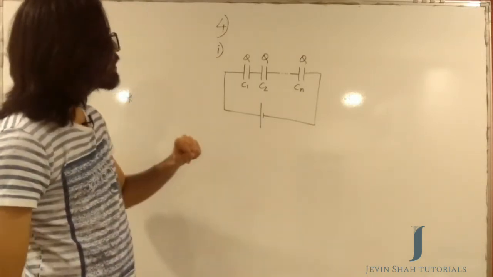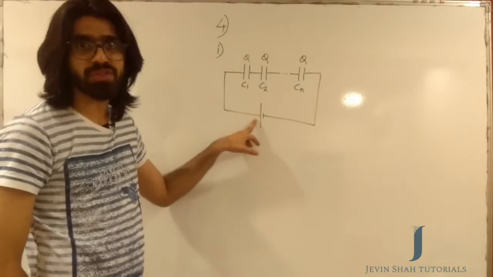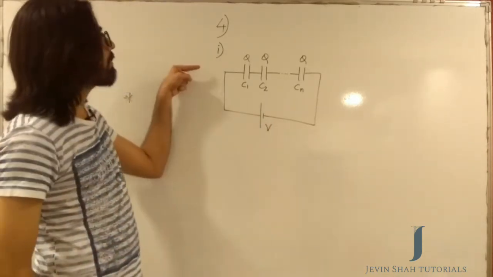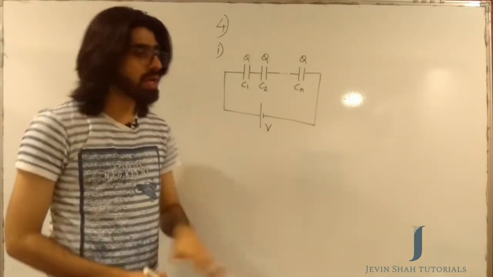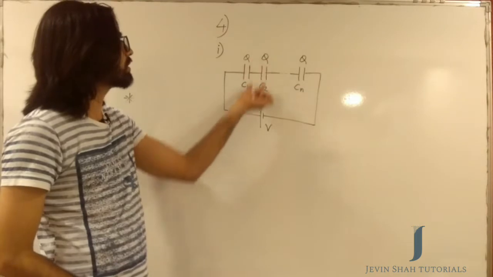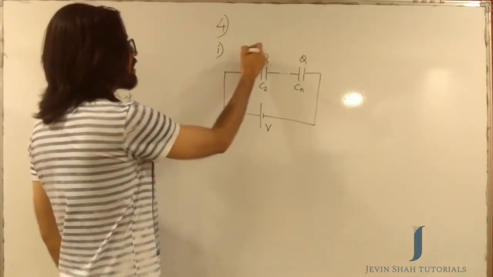Let's go ahead with the calculations. Let's say that the potential difference or the EMF of the battery is equal to V. Because the capacitors have been connected in series, the total EMF of the battery will be distributed over every capacitor. So a part of this EMF will be appearing on the first one.